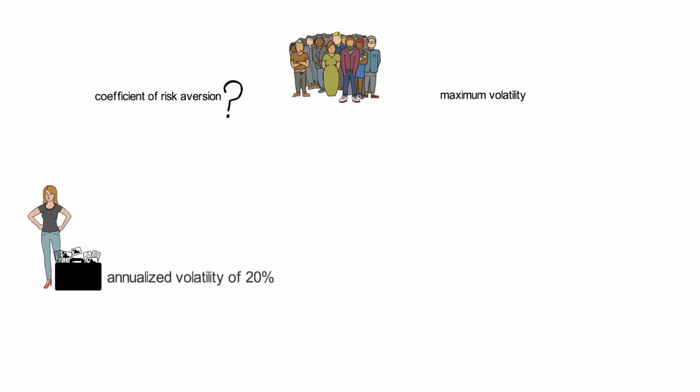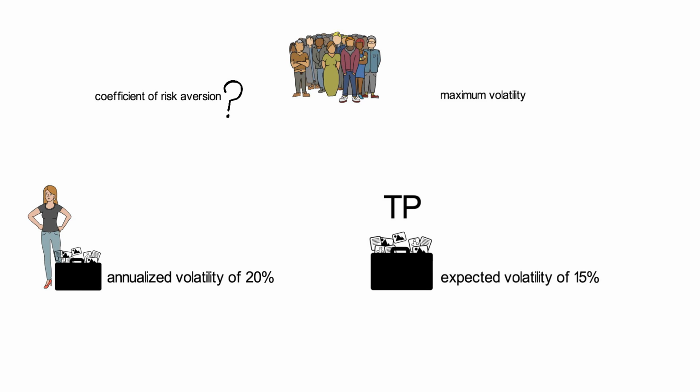For example, let's say Pauline wants her optimal portfolio to have an annualized volatility of 20%. Also assume that the tangency portfolio has an expected volatility of 15%. And assume in addition that Pauline wants to invest 100,000 euros.